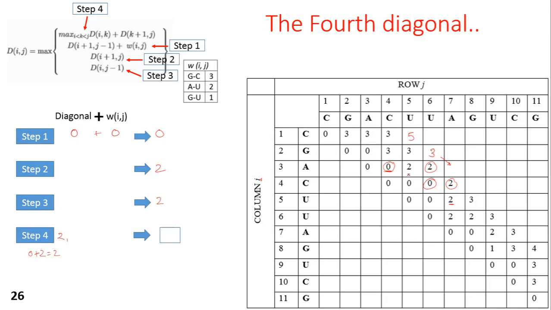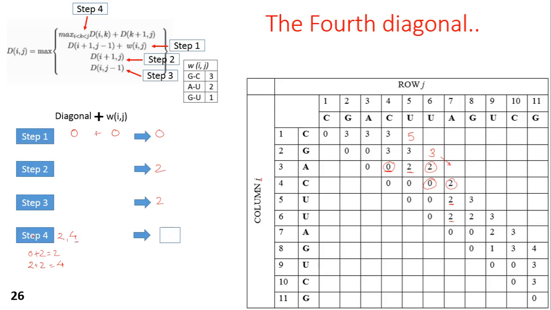Then we have got this 2 that is needed to be added to this 2, 2 plus 2, that would give you 4. Second value is 4, and over here we reach the diagonal, therefore we would have to stop. So we have got two numbers for comparison in step 4, the maximum of these two numbers is 4.